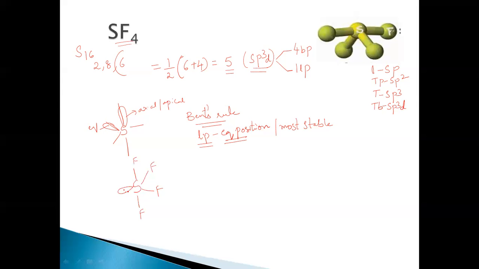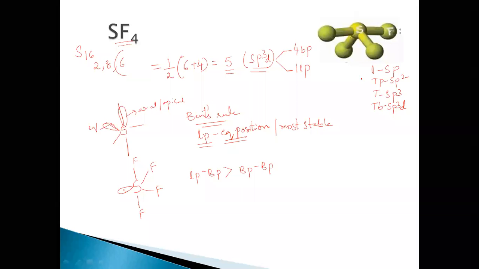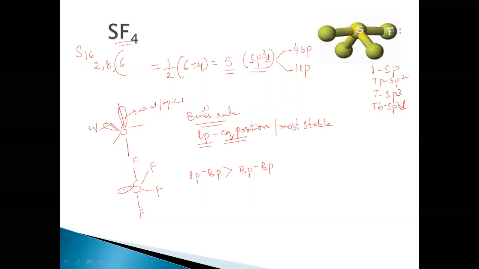If the lone pair is placed at the axial position, it is at 90 degrees to the bond pairs.